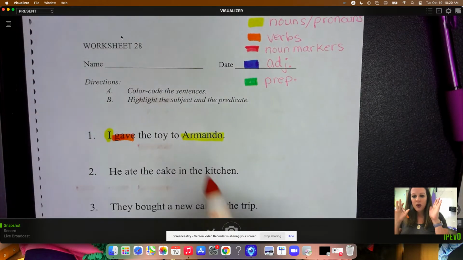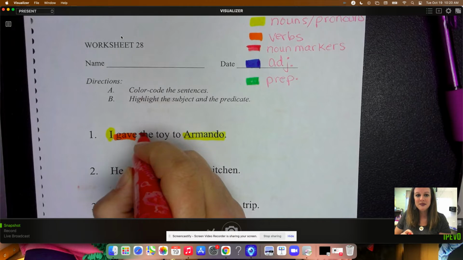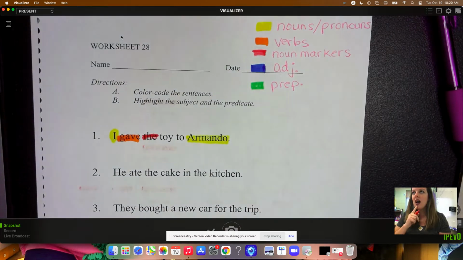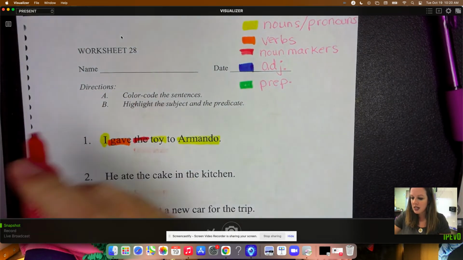I gave the... I see a noun marker. It's letting me know that a noun is coming. The what? The toy. I gave the toy to Armando.